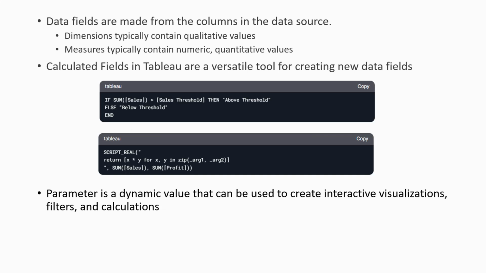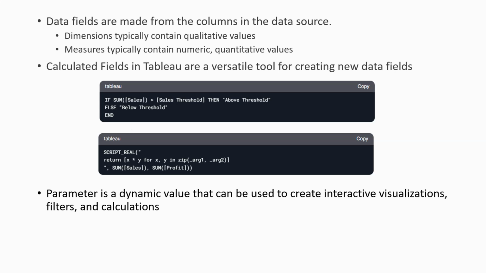And what is meant by calculated values? Calculated fields are used to create new data fields in the data source in the worksheet for better analysis. Here you can write some custom code in order to define a criteria. Based on the criteria, you can display which values are above threshold or below threshold, and based on the sum or the average you can write custom code inside Tableau.